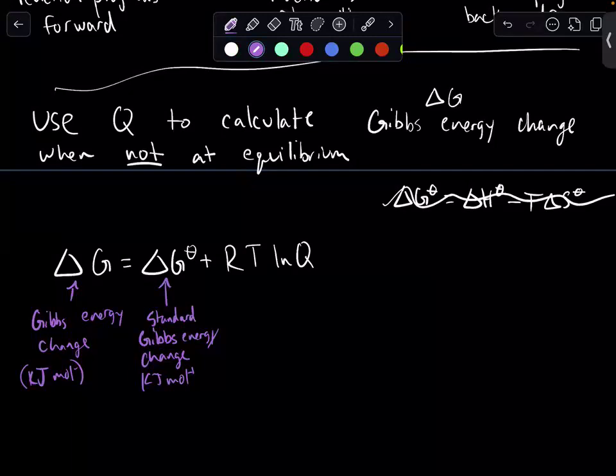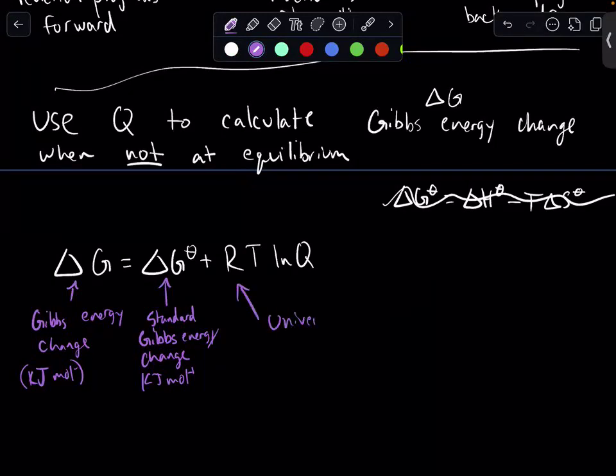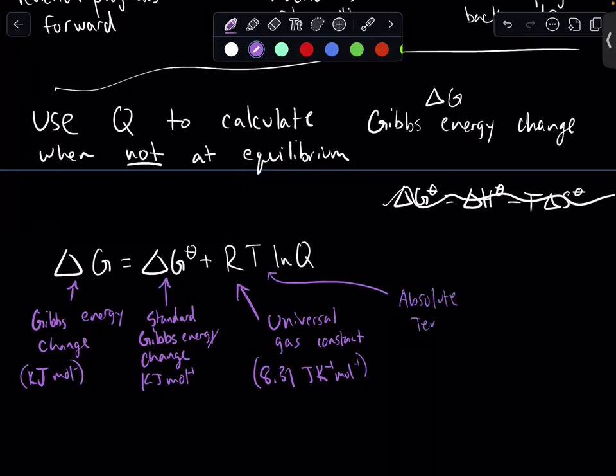But what are these other weird values? Well, R we've seen before. This is the universal gas constant, 8.31 joules per Kelvin per mole. And T is our absolute temperature, which is of course in Kelvin.